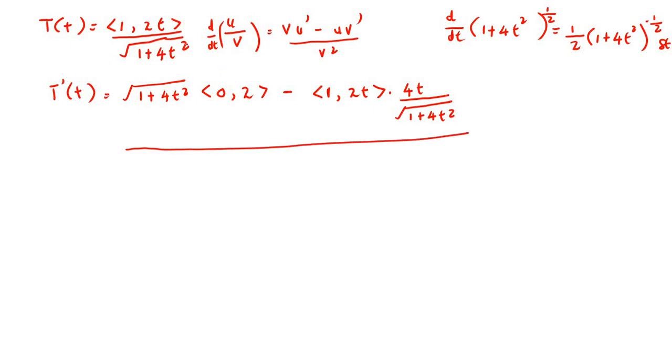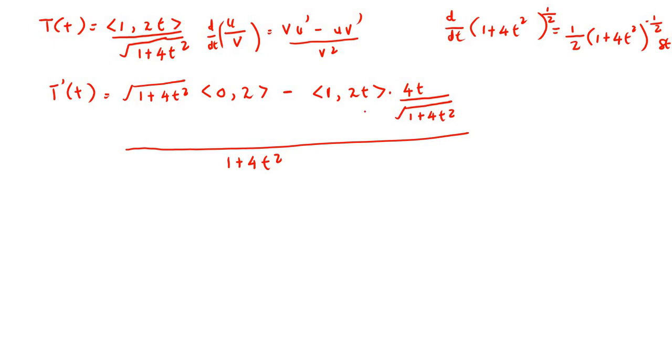Divided by v squared. So v squared will become 1 plus 4t squared. Here, the power half, and for differentiation power half minus 1, so negative half, bring it down, divided by square root of 1 plus 4t squared. And then you differentiate 1 plus 4t squared, you get 8t. So 2 and 8t simplify to 4t.